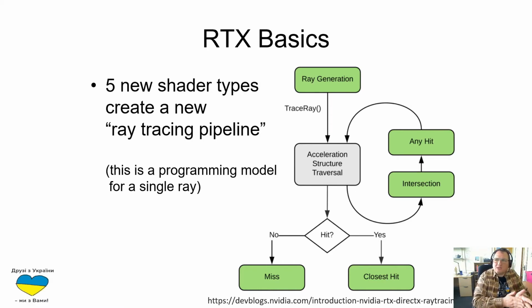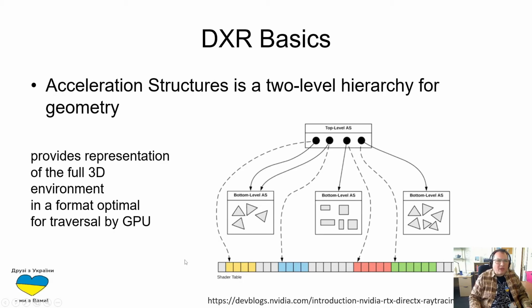Basically, this structure allows for finding the surface which is at the end of a complex ray, which can be refracted, like in the picture I showed you a few slides before. For this to work, we actually need a two-level hierarchy for geometry.